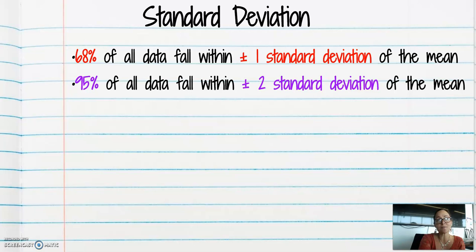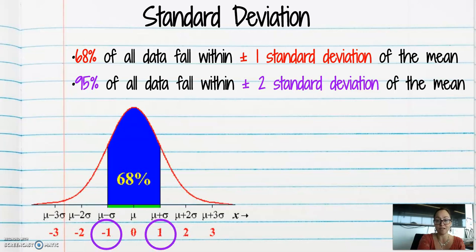When we talk about standard deviation, we talk about plus or minus 1 or 2 standard deviations of the mean. If we say plus 1 standard deviation or minus 1 standard deviation, you go up 1 standard deviation above the mean and then 1 standard deviation below the mean. And with that, 68% of your data would fall within that range.